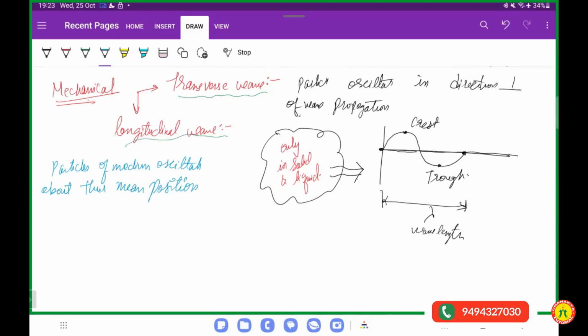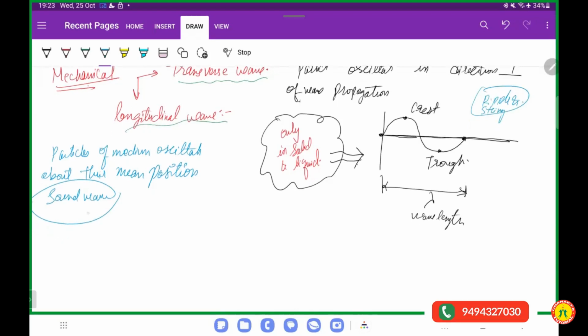For example, a sound wave. Here, what examples did I give? Ripple and string. Two examples I gave, right? Okay. Here, sound wave or spring.